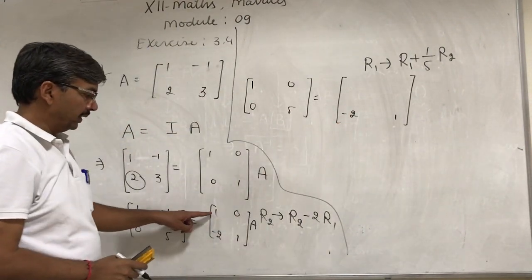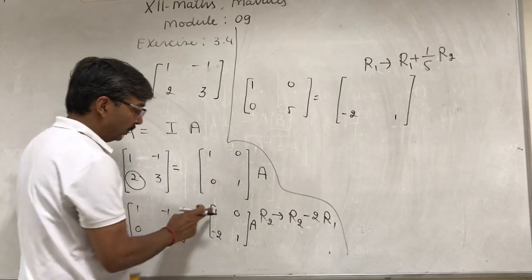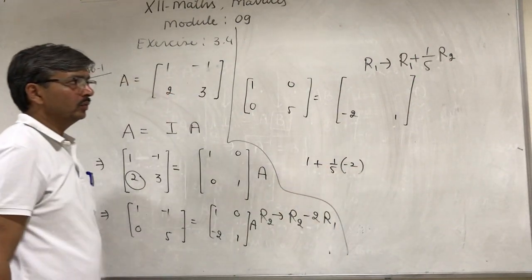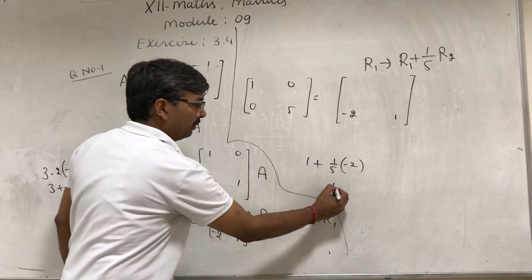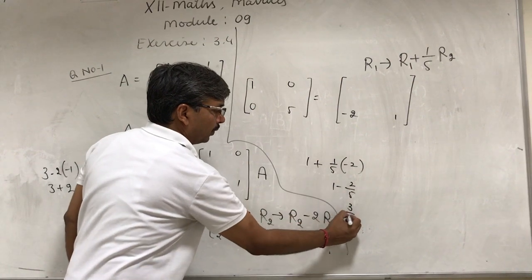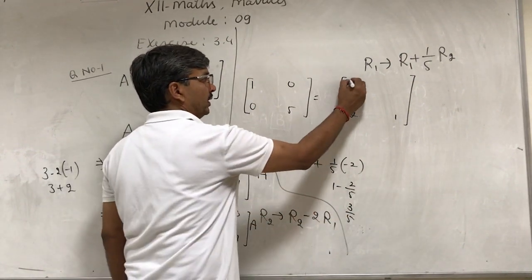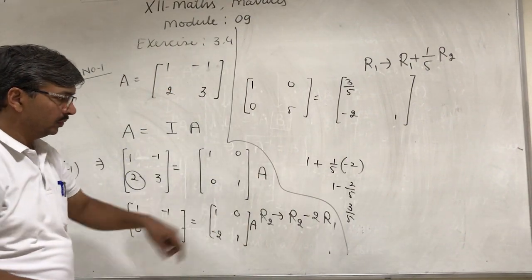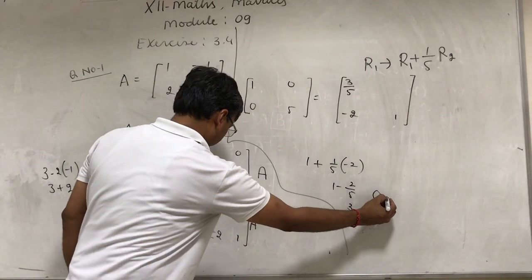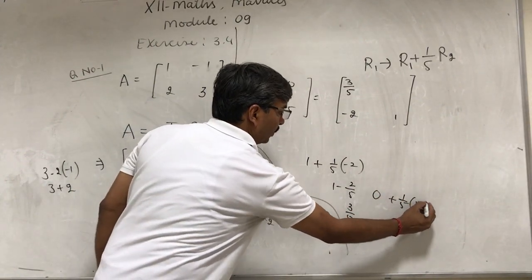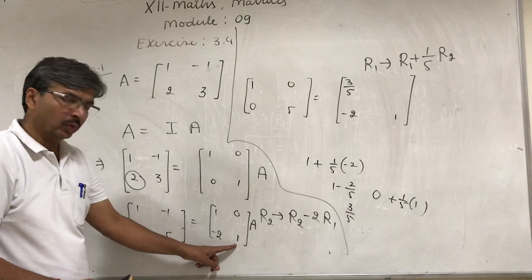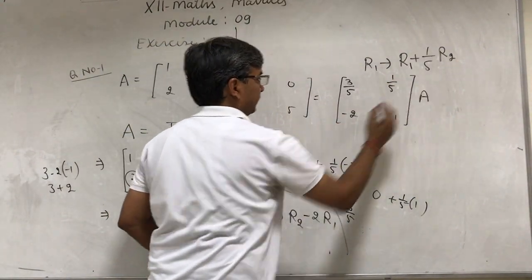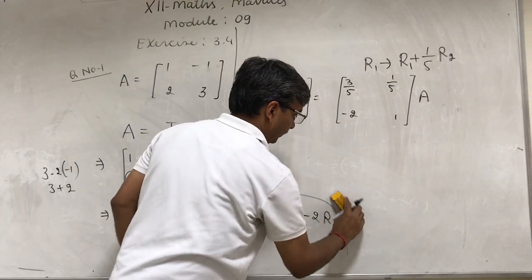And here R1: 1 plus 1 upon 5 into minus 2, and this will become 1 minus 2 upon 5, 3 upon 5. And 0 plus 1 upon 5 into 1, and this will become 1 upon 5, into A.